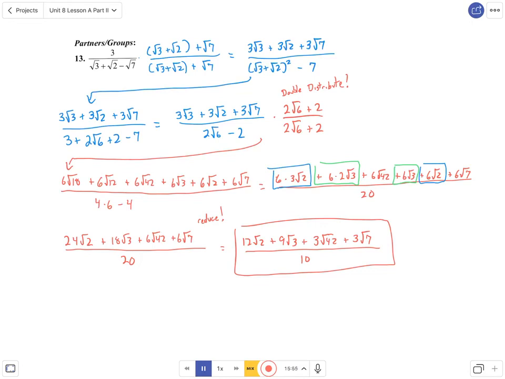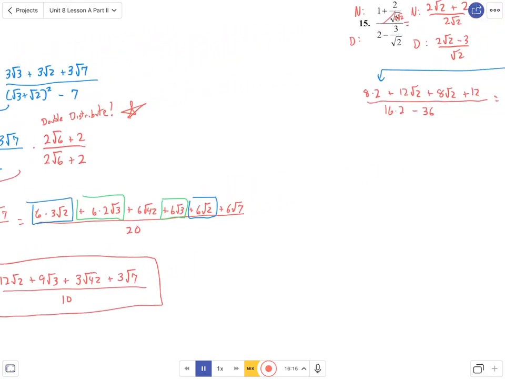Where I have double distribute, that was kind of a pain. Just had to work your way through that. Be careful with the simplifying, combining like terms and all that. But there's your final answer, all as one fraction.